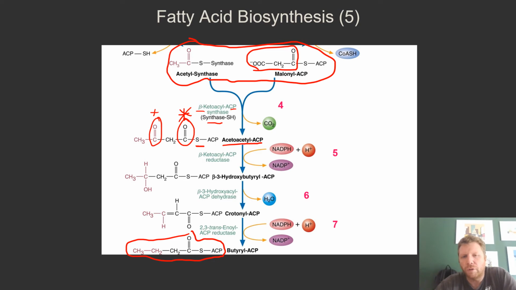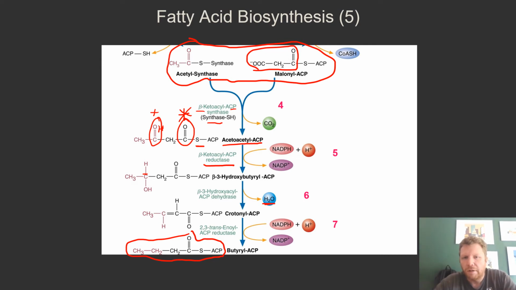Well, first we're going to reduce it. We're going to use beta-ketoacyl ACP reductase. So we're going to add a hydrogen to that oxygen, then we're going to add a hydrogen to that carbon. Okay, now what we need to do is remove that oxygen, and we're going to use a dehydrase enzyme to remove a full H2O molecule.